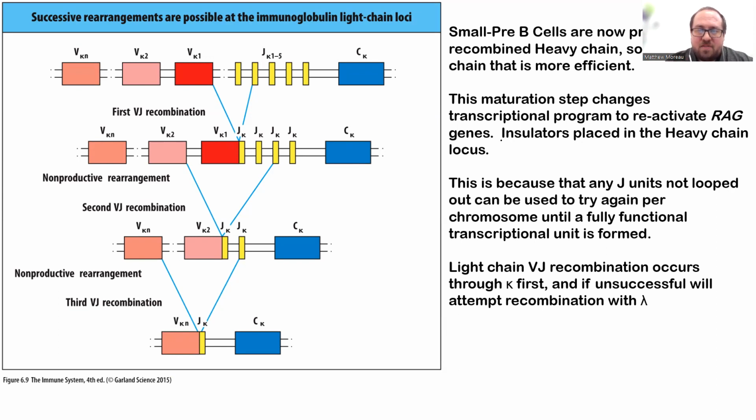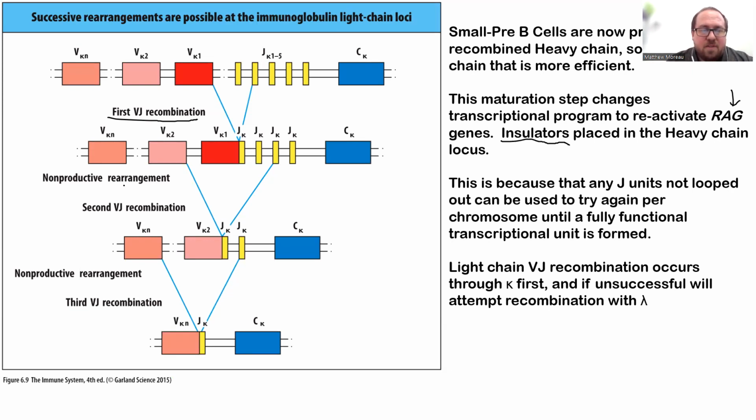And again, because of changes, both epigenetic and insulator sequences that have now been bound by transcription factors, the heavy chain is no longer able to bind RAG. This then moves RAG and allows for the V and J recombination to occur in the light chain.